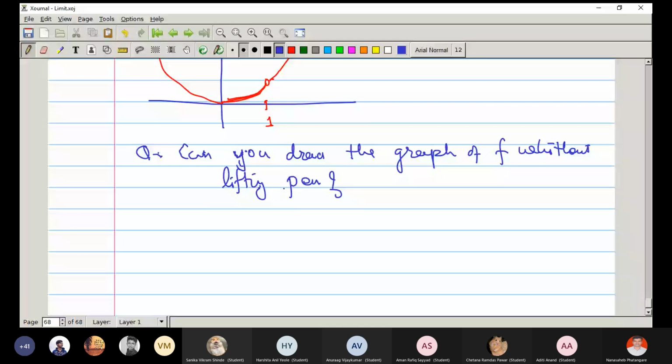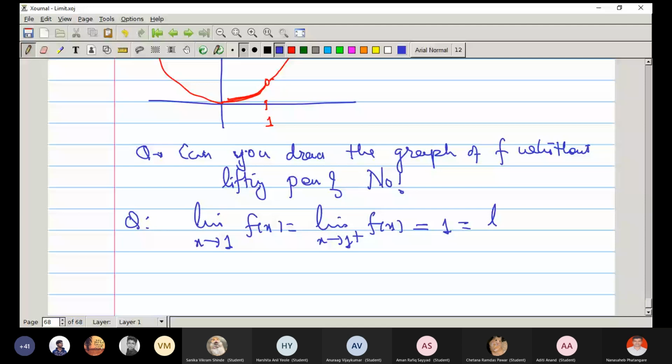Now the next question I would like to ask: what is the limit as x tends to 1 of f of x? Does the limit exist? Yes, because the limit as x tends to 1 from the right-hand side and from the left-hand side are both equal, so the limit exists and the limit is 1.